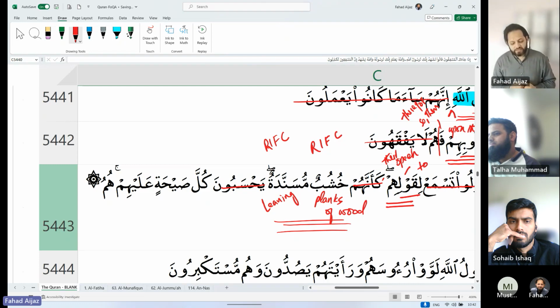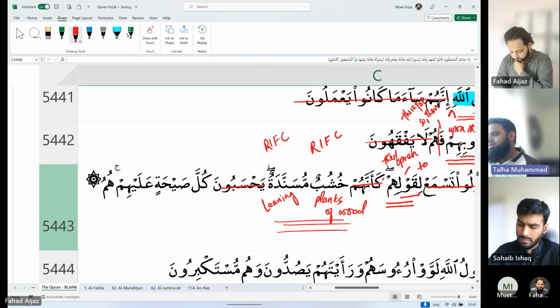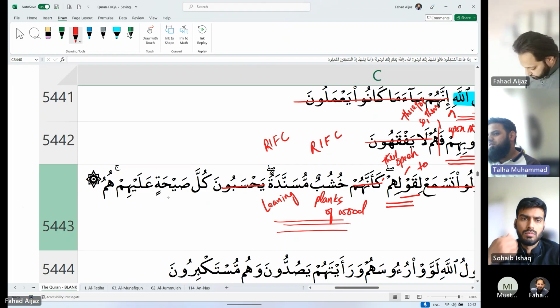Kulla sayhatin alayhim. Tell me everything you know about this. Kulla sayhatin is idafa with alayhim, which is harf of jar. So, kulla sayhatin idafa. Agreed, Sohaib and Mustafa?